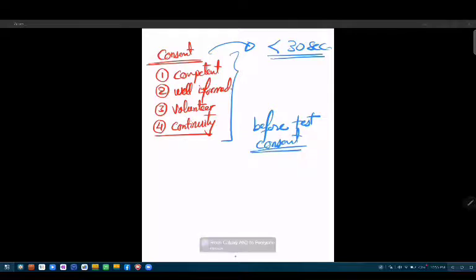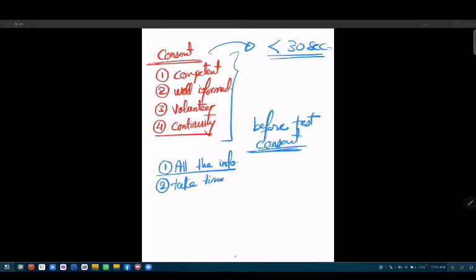Consent is not jargon, it's English. And it's not a paper. It's not a yellow paper or a newspaper or toilet paper or whatever. So we will need you to sign a consent. This consent will contain all the information that you need to know about the test, all the info. Take your time and read it.